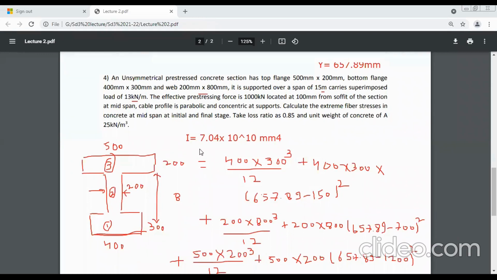So now find out the section modulus. So here we got two different sections, Z bottom and Z top.